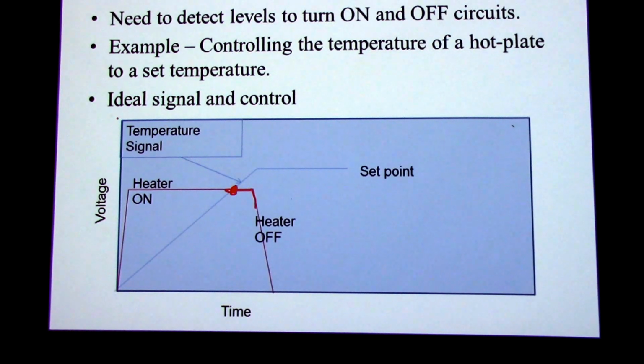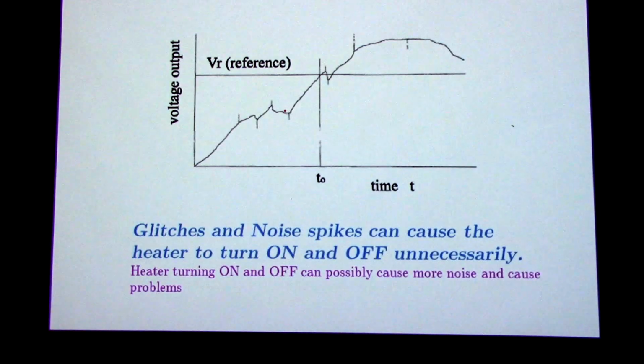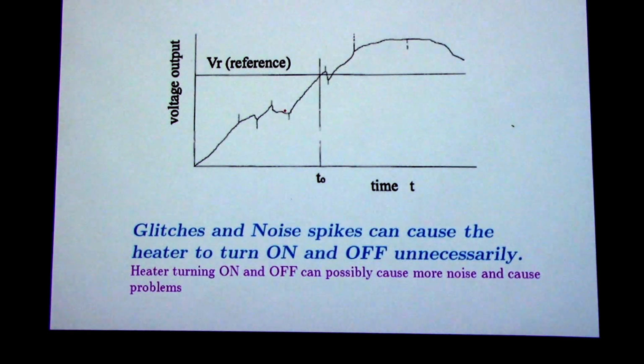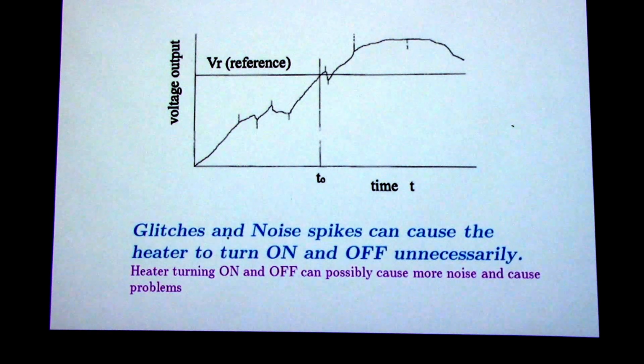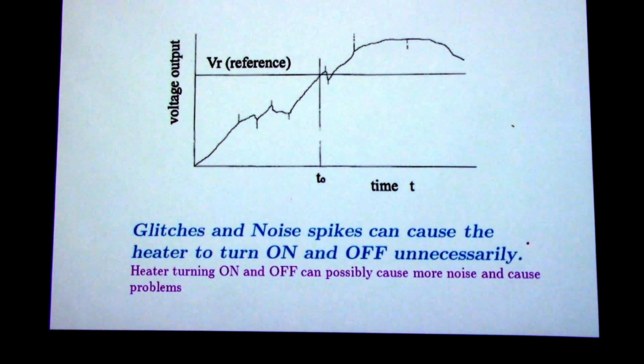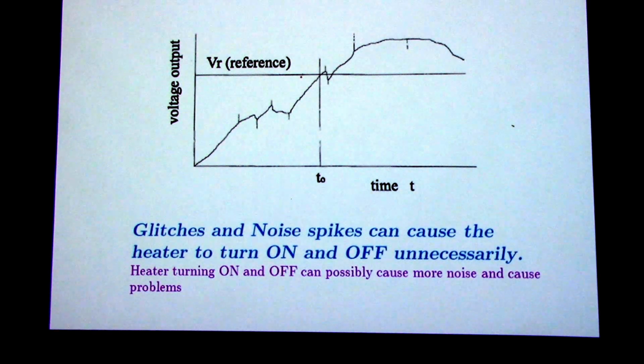But if we expect this kind of result, we are thinking of an ideal signal and ideal control, but that is not the real case. The real world signal is something like this. It will just fluctuate, go up and go down. There will be glitches and noises. There should be spikes, and it will just keep your heater turning on and off.